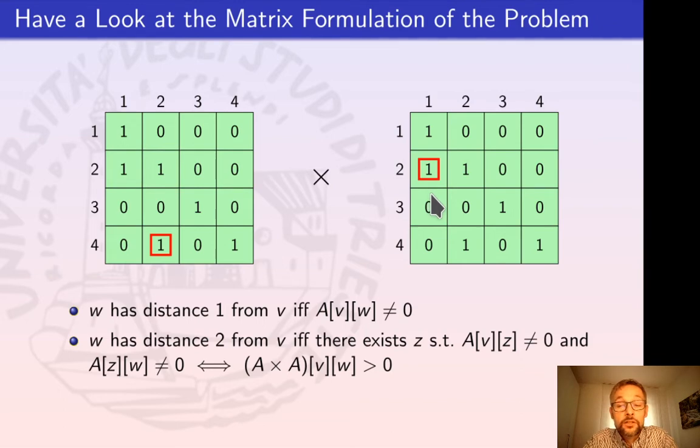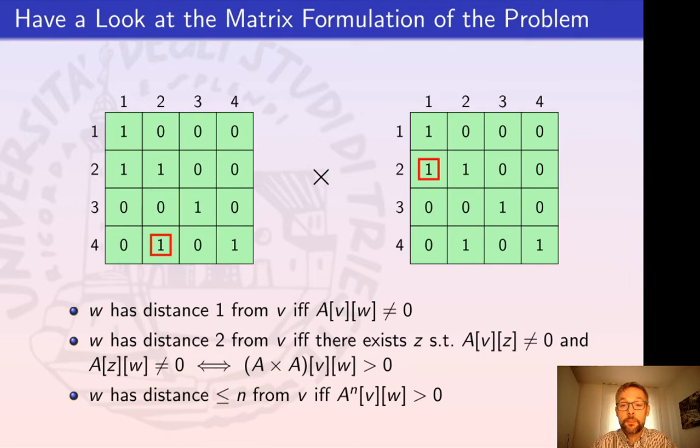Okay? So this idea, of course, can be pushed over, and so we can test whether W has a distance smaller or equal than a certain length n from V if and only if the element in position VW in the n-time multiplication of A by itself is greater than 0.